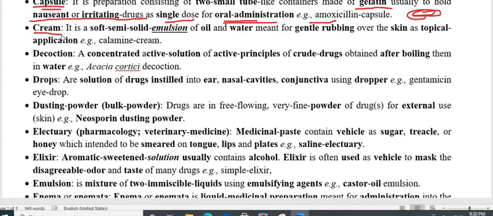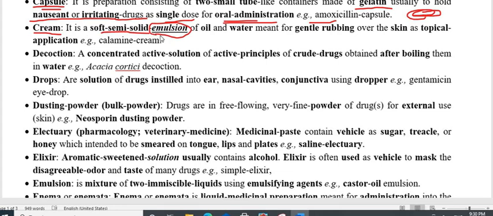Cream is quite similar to the ointment or other pasty or semi-solid preparation, but creams are usually semi-solid in nature first and less greasy. Why is cream less greasy? Because cream is actually in emulsion form. So what is emulsion?